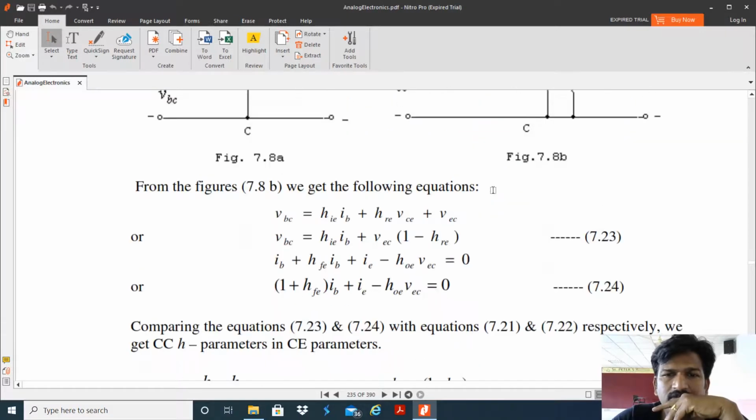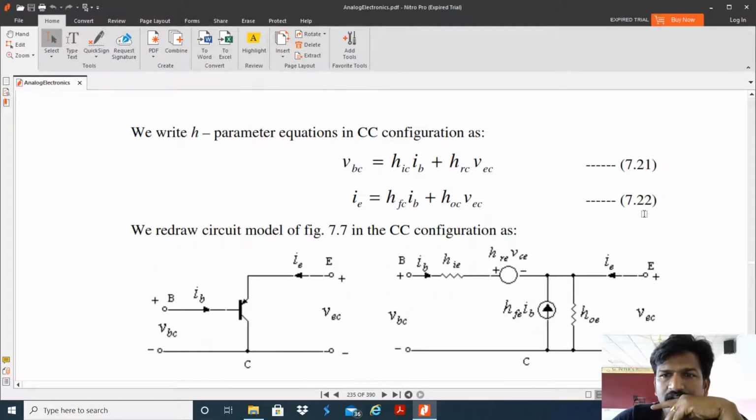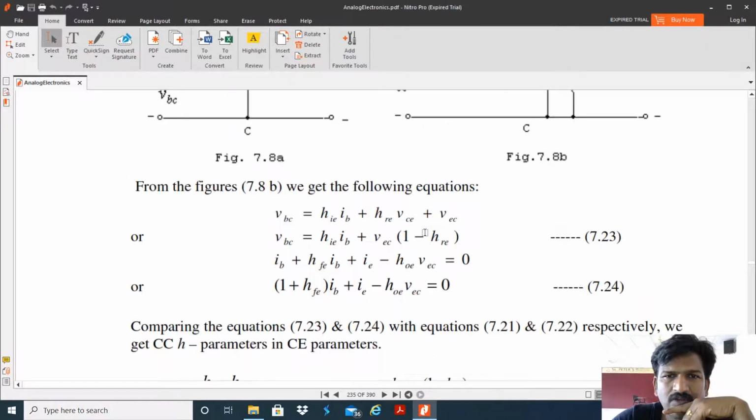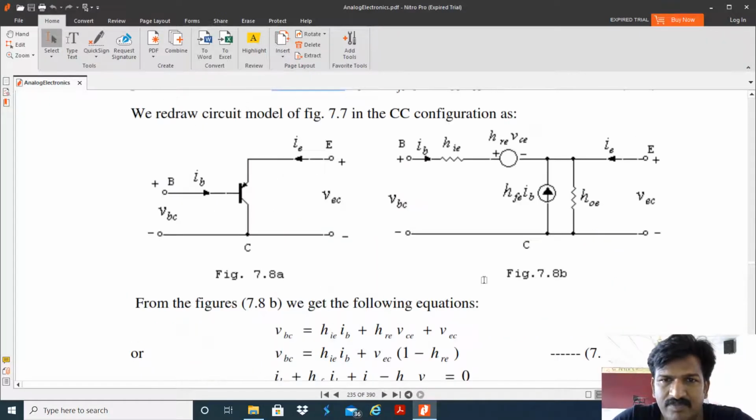Then from equation 7.24, comparing with 7.22, we have the comparison: minus of 1 plus HFE IB plus HOE VEC.